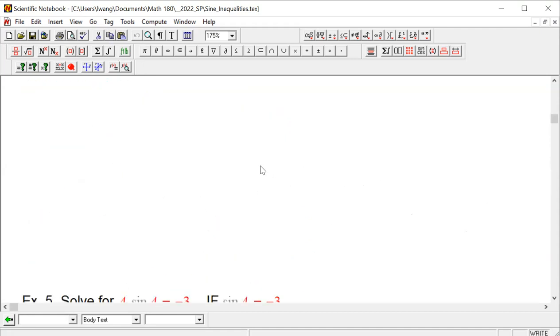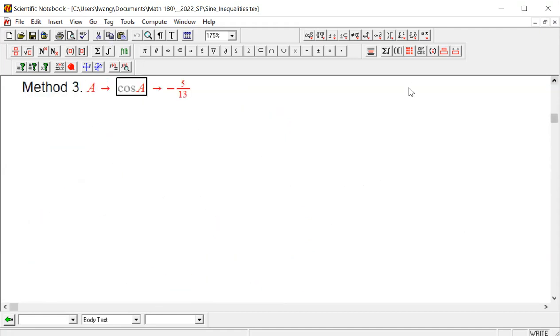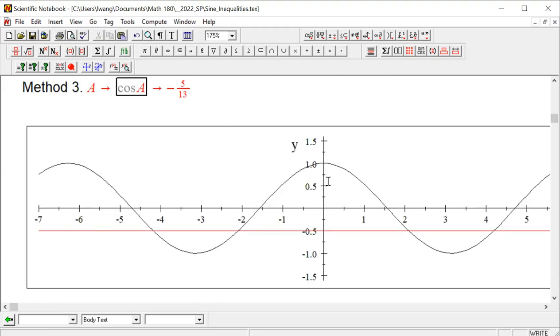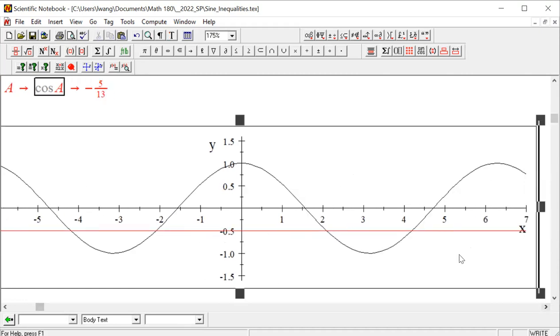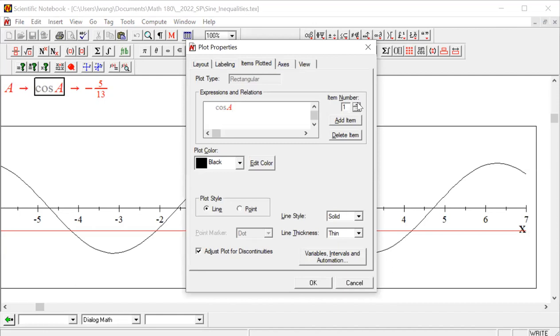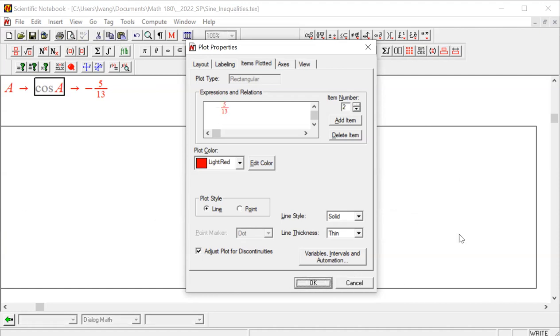We've been drawing a horizontal line at negative √2/2, -1/2 and so on and so forth. So this time it's -5/13. Whatever that red line was, this time I'm drawing a different one. Instead of -1/2 it's -5/13. There you go.